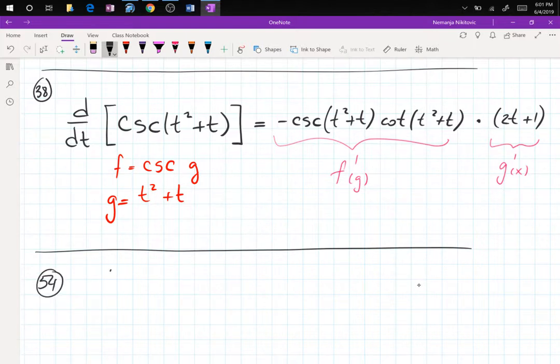54. The derivative with respect to x of sine squared of e to the 3x plus 1.